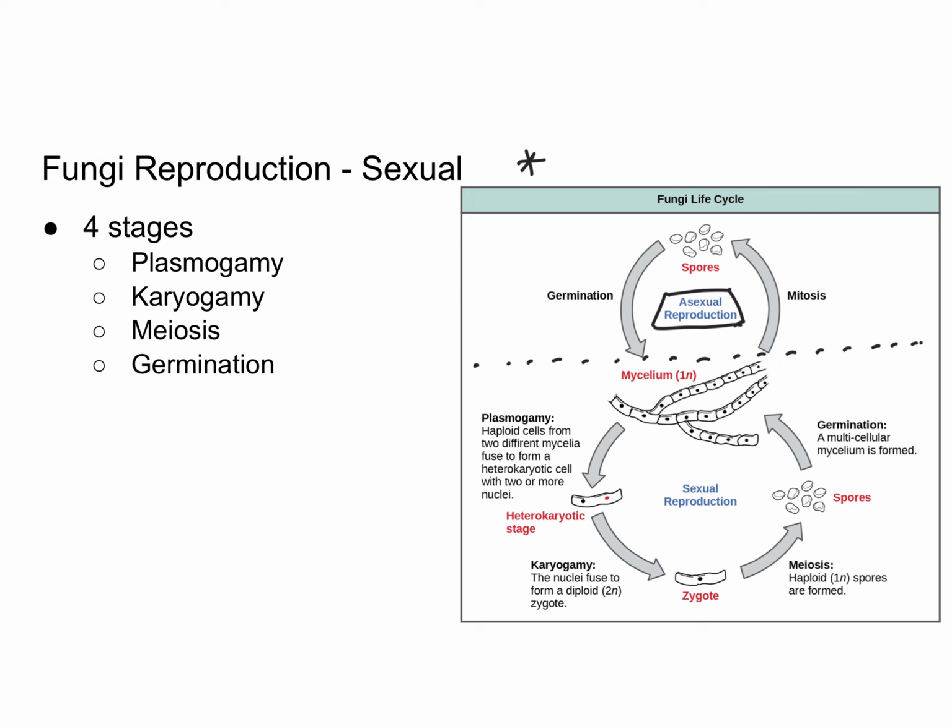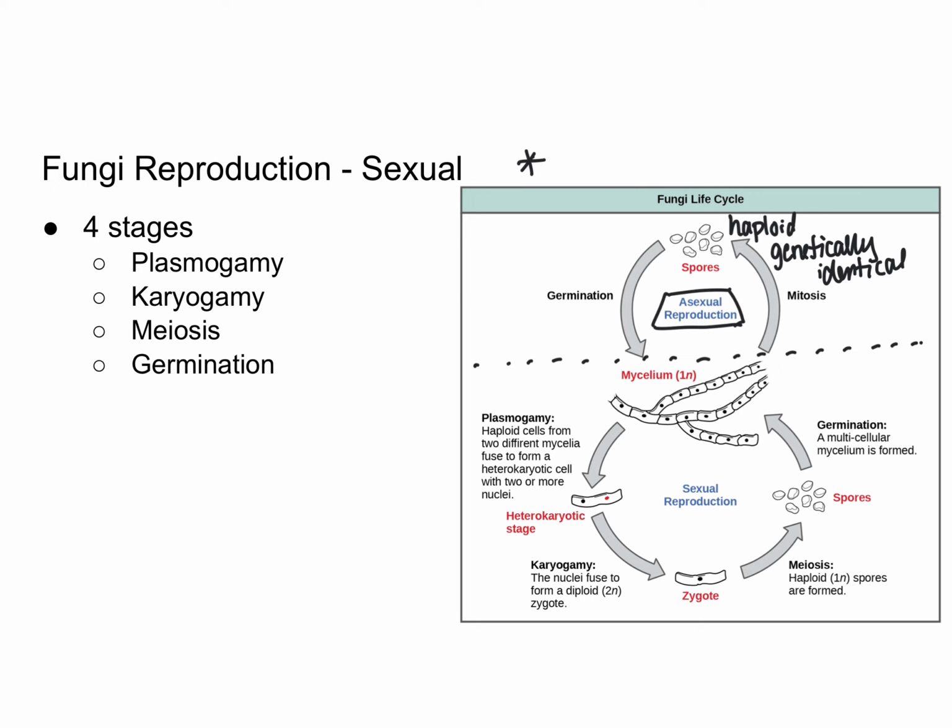And so remember, we were taking this haploid mycelium, going through mitosis to form haploid spores that are genetically identical. And they're genetically identical to each other and to the original mycelium. And then those cells can germinate if they find a suitable environment where they can then form a new mycelium.